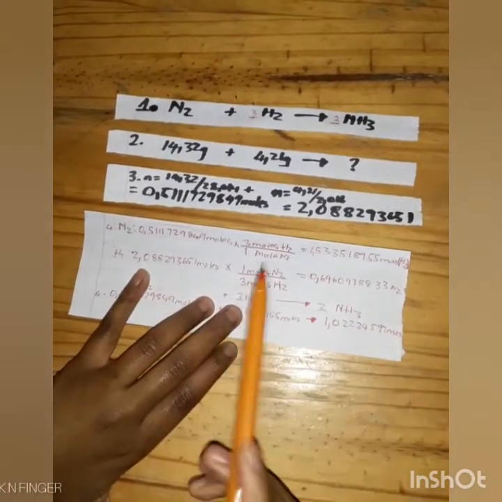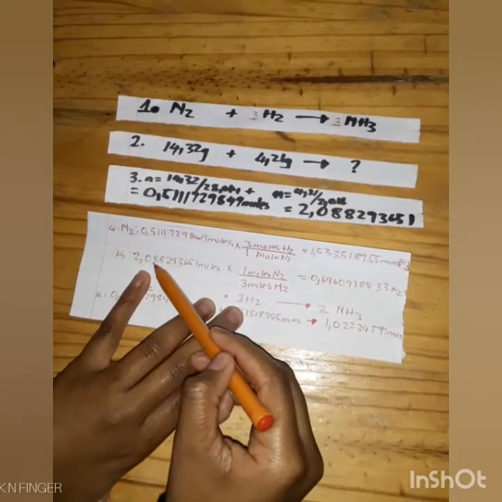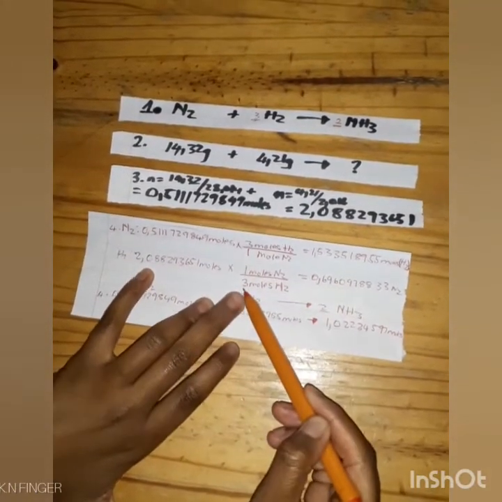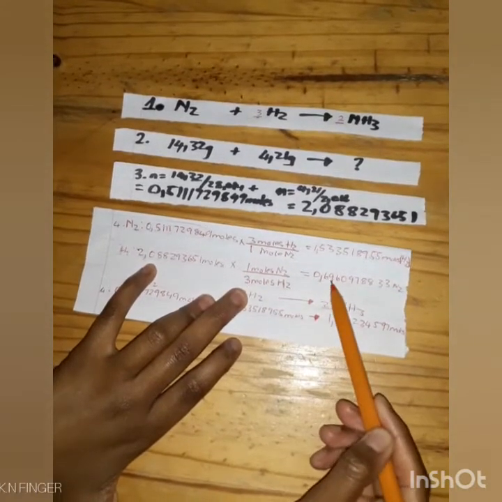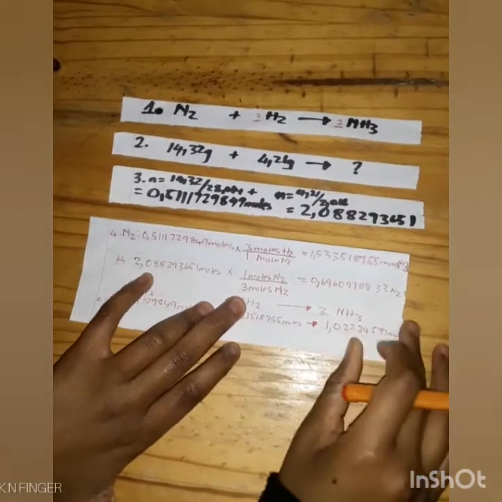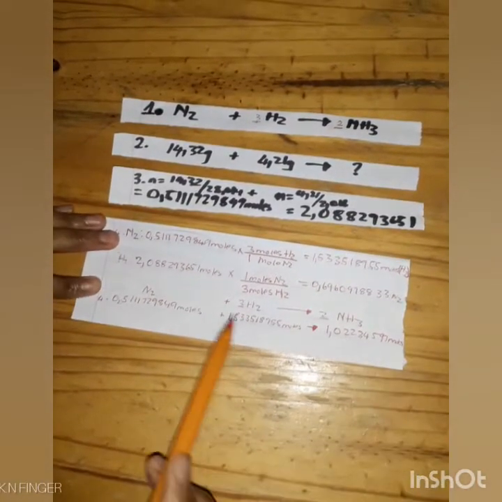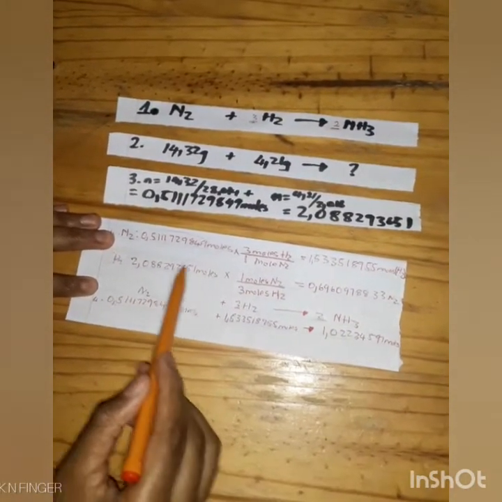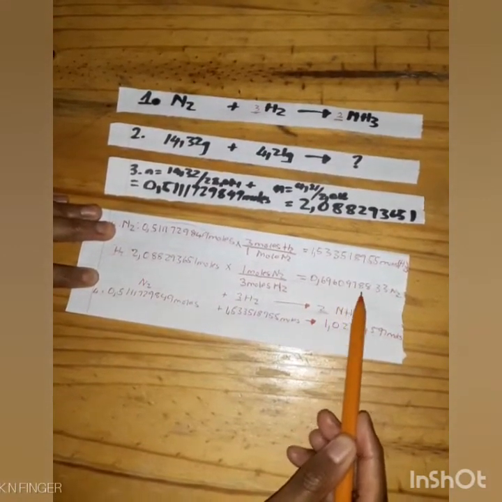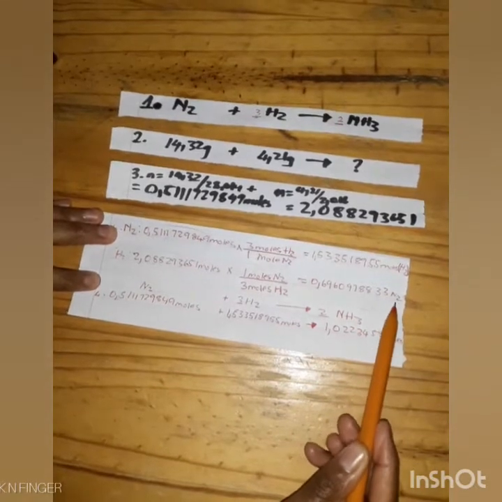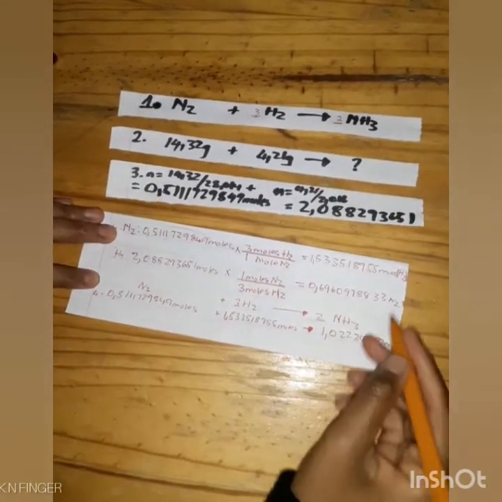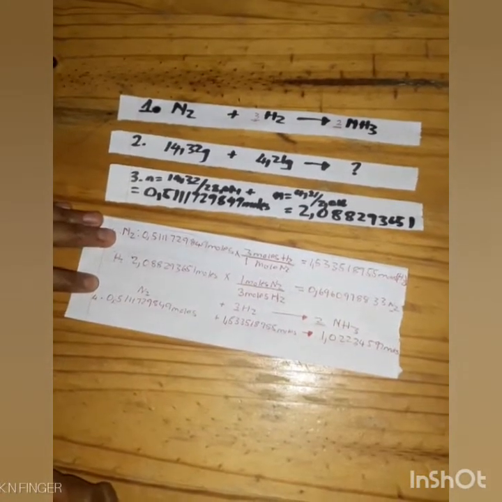Okay, and then still the same method, 2.088 times that 1 divided by this 3, it gives you 0.6960978833 moles of nitrogen. So to use all the moles of hydrogen, we need 0.6960978833 moles of nitrogen. Do we have that? No, we don't. So therefore, nitrogen is the limiting reactant.